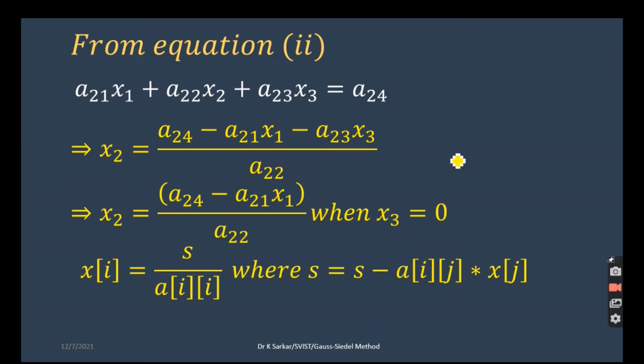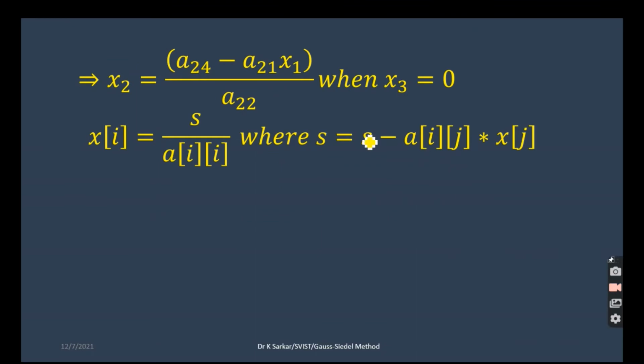Let me write first this thing. x2 equals this, and we got xi as S by Aii, where S equals this much. So in this case, i equals 2. Then we have x2, right? So S by A22. Okay, so it matched already. Now we have to check this S. So what is S?